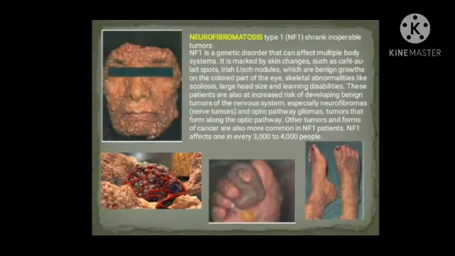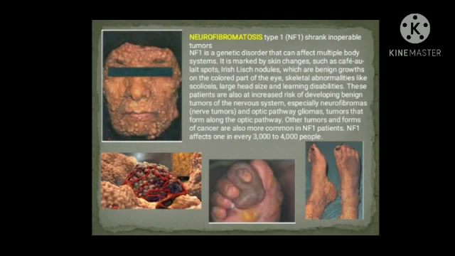The next example is neurofibromatosis type 1. It is an autosomal dominant disease associated with tumors. This disorder can affect multiple body systems.